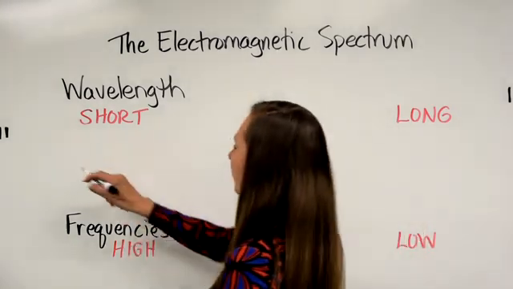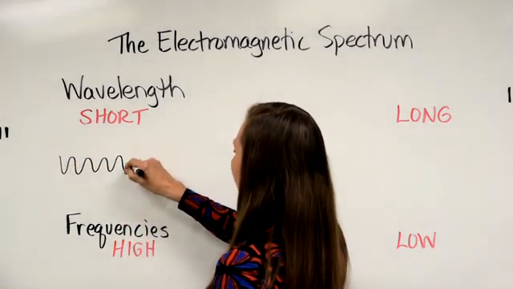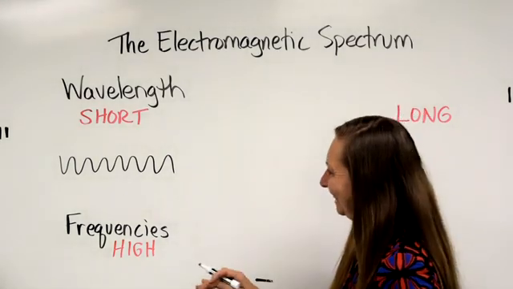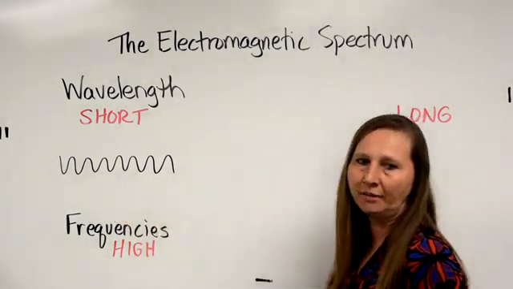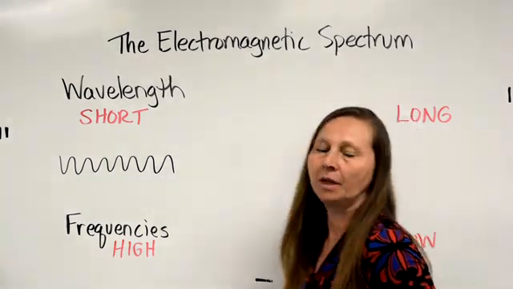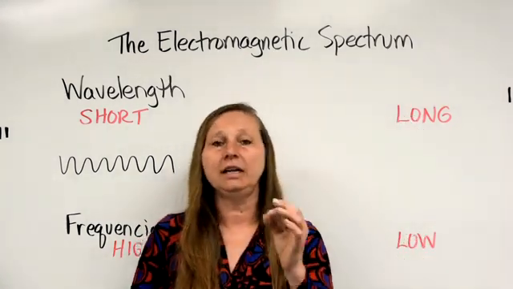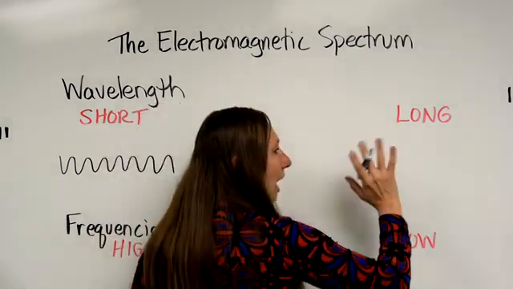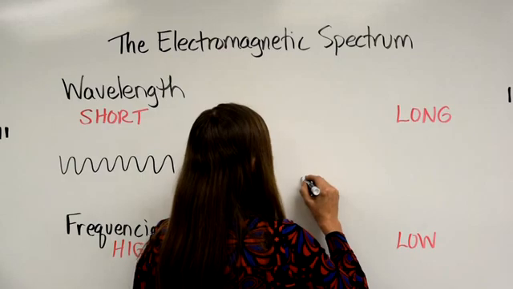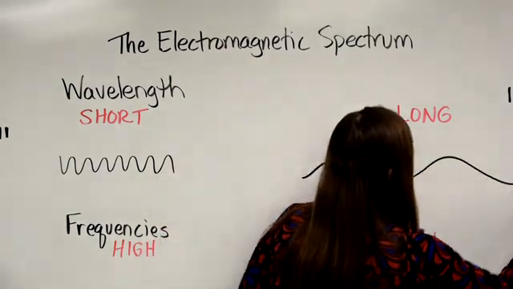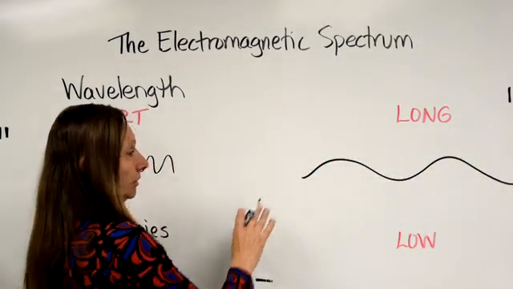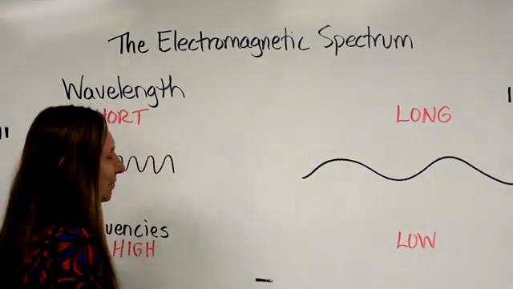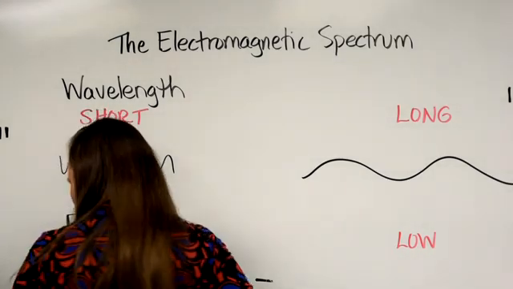They're going to look like that. Short wavelengths, high frequencies. Now, the types of light that are generally considered harmless are going to be on this side of the chart. They're going to have long wavelengths and low frequencies. All right, so let's erase that.